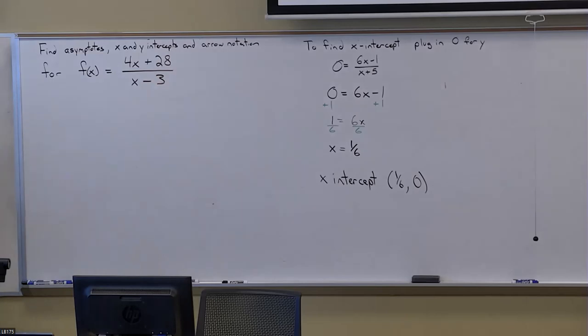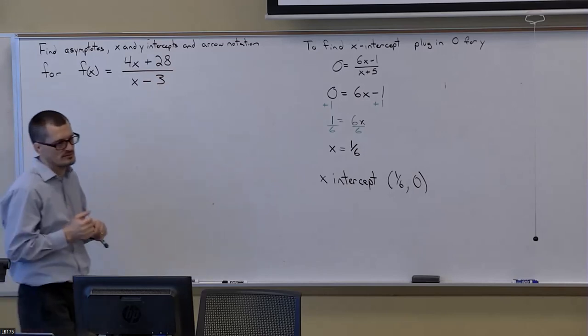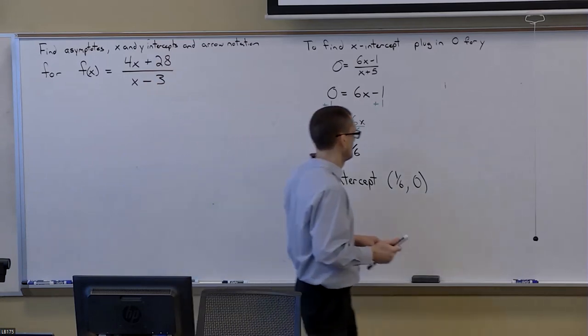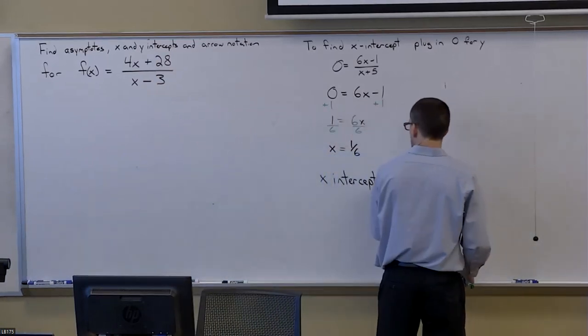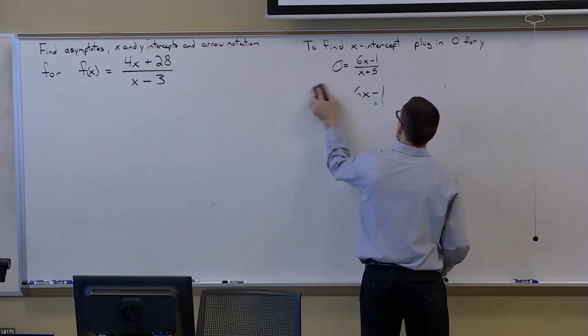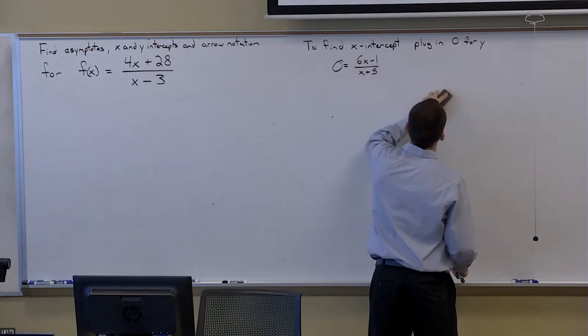This one is reduced. There's no common factors, so don't worry about that weird asterisk. Try doing this on your own. Vertical asymptotes, horizontal asymptotes.